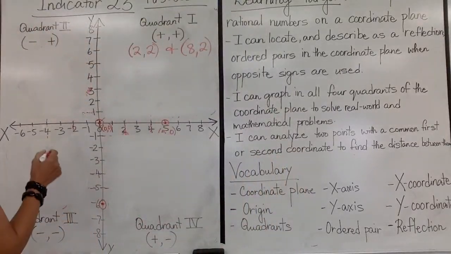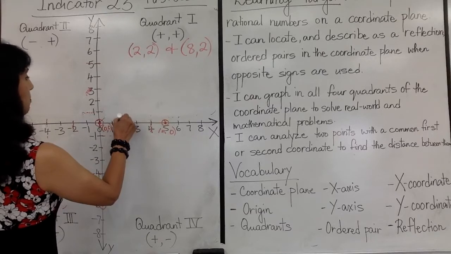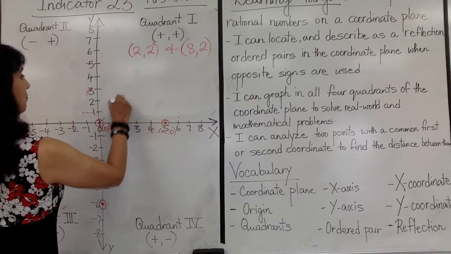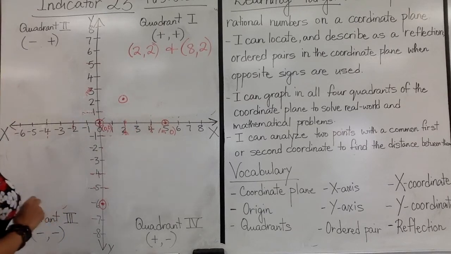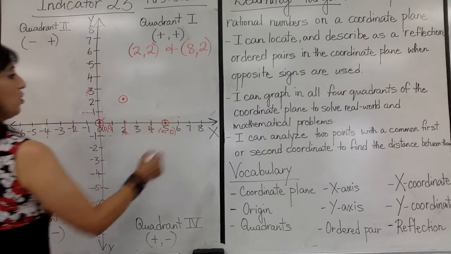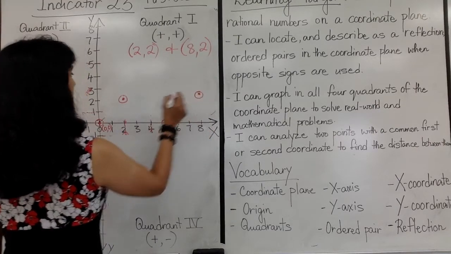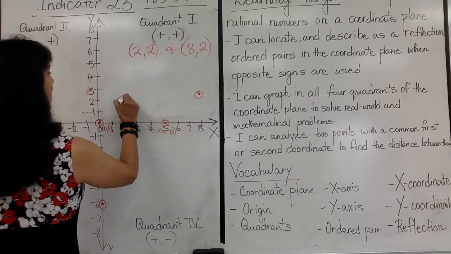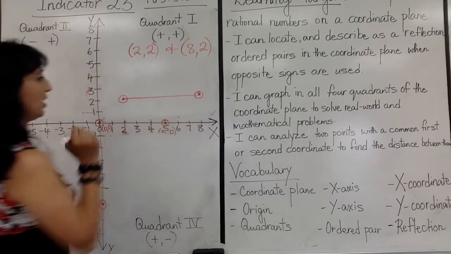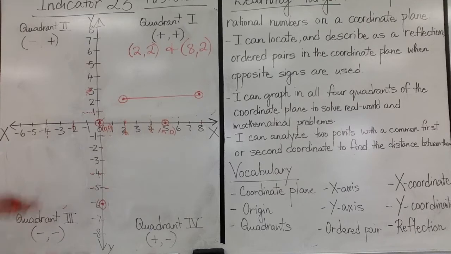Okay. So let's graph 2, 2. So this is 2 and this is 2. Okay, and then I look at 8, 2. So here's 8 on x first, and then I have 2 over here. So now it's asking, what is the distance between these? Okay, now this is pretty clear cut, guys.